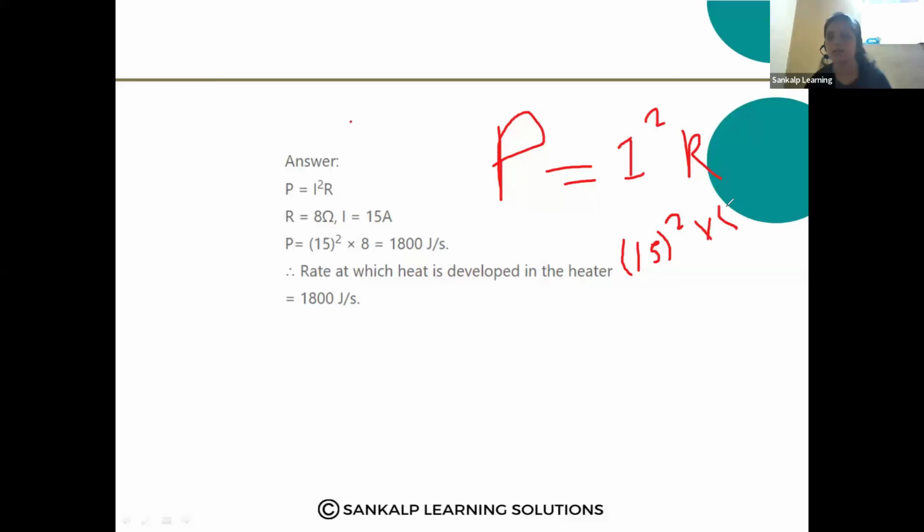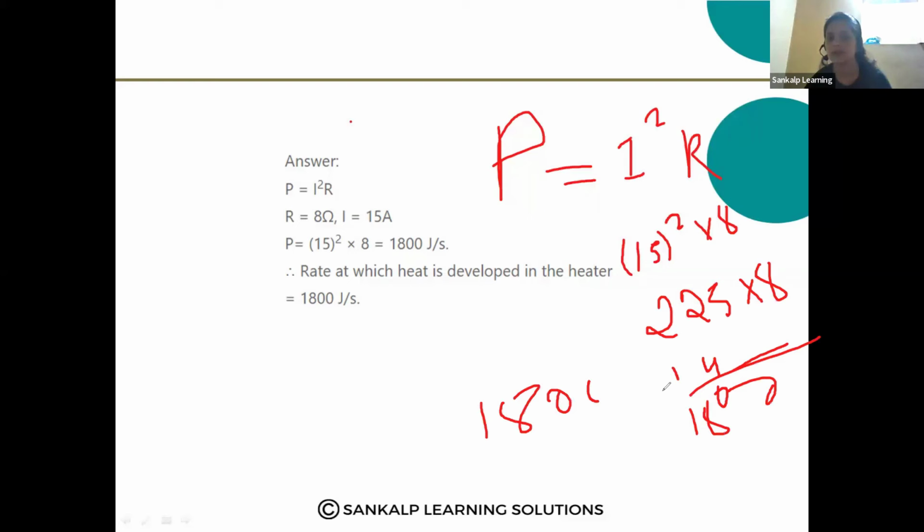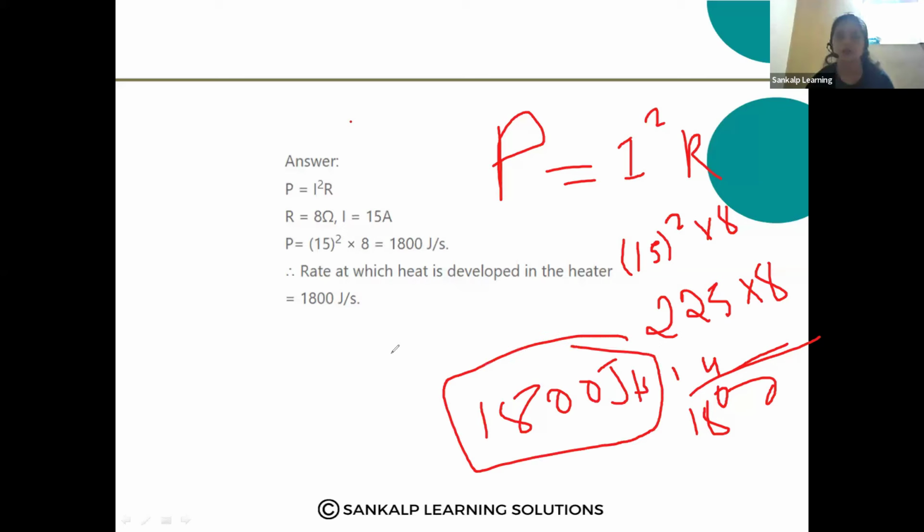So 15 square is 225, times 8, that is 1800 joule per second. So this much answer comes. Note down the answer.